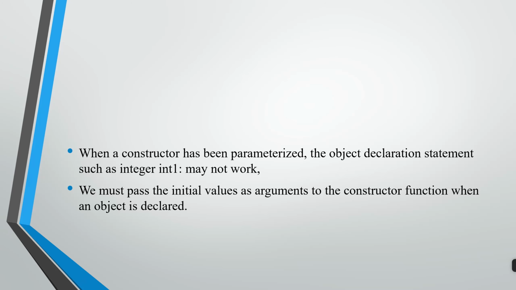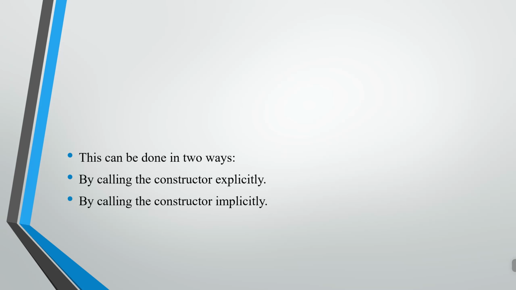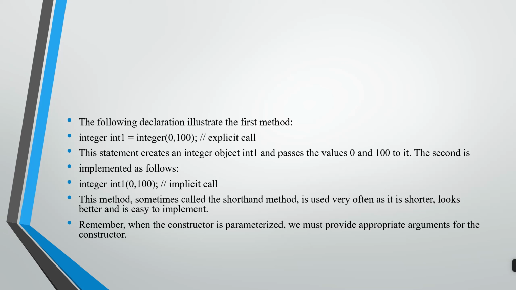The parameterized constructors can be used in two ways. One, we can call the constructor explicitly, or we can call the constructor implicitly. Let us see how. For example, if I use integer int1, what is integer?